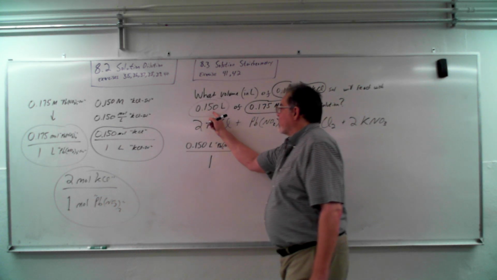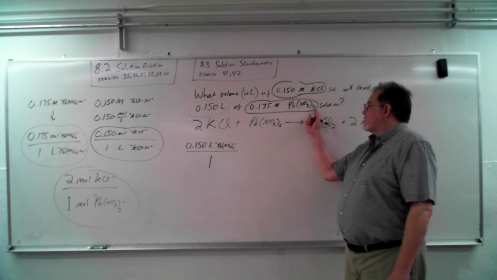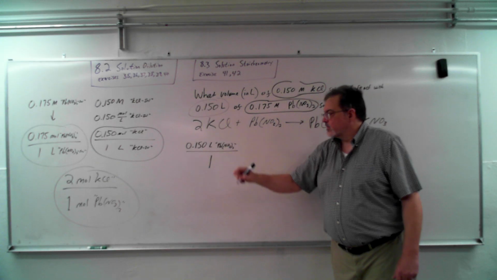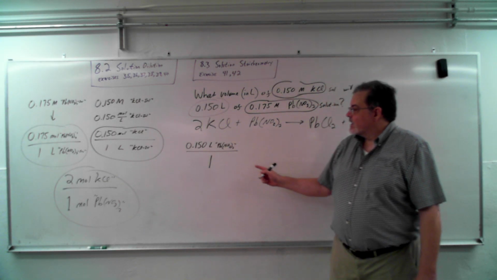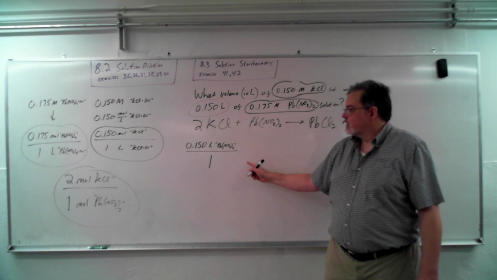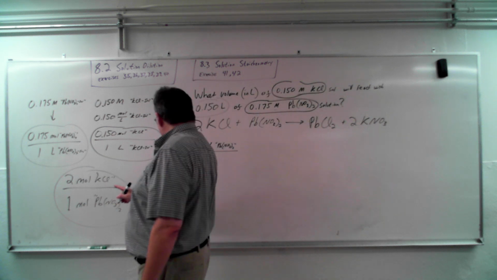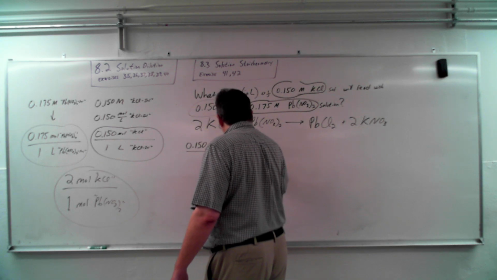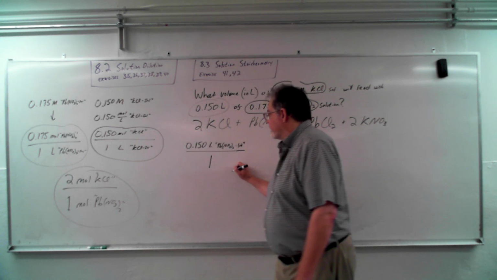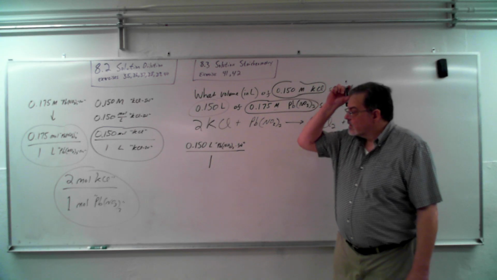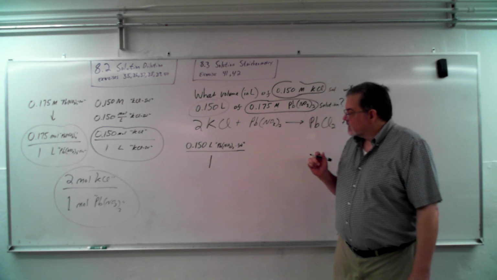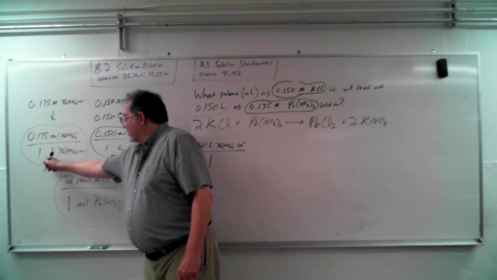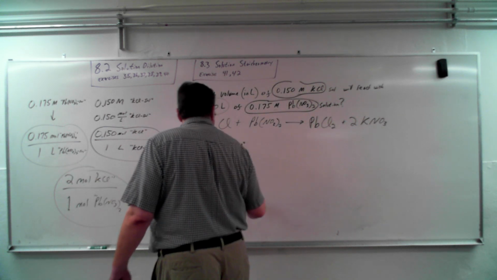I'm going to start with that 0.150 liters of Pb(NO3)2 solution. This is the molarity of that solution, and this is how much of the solution you have. You start with that. When it's a volume, we add the word solution to it: liters of Pb(NO3)2 solution. So that goes on the bottom.